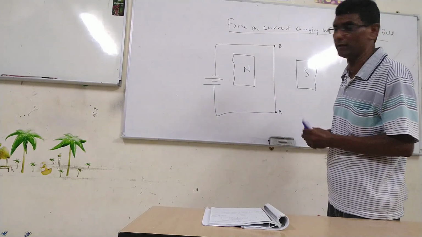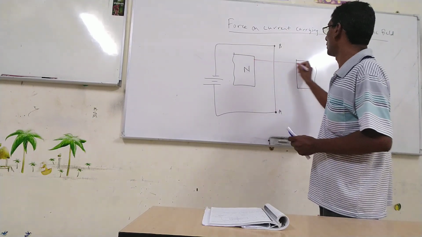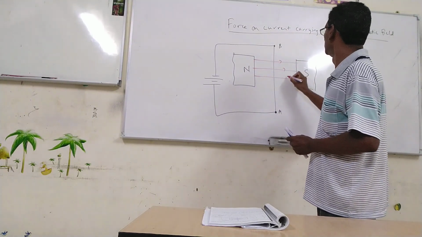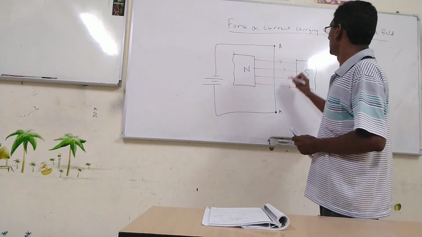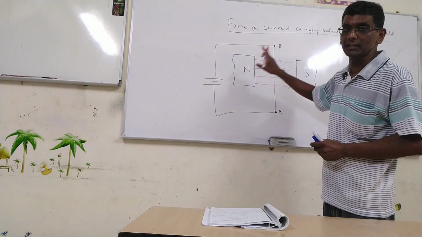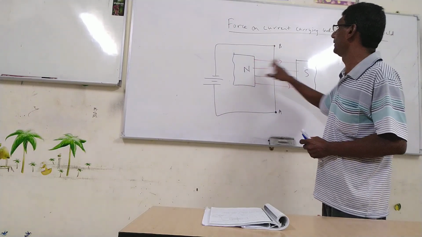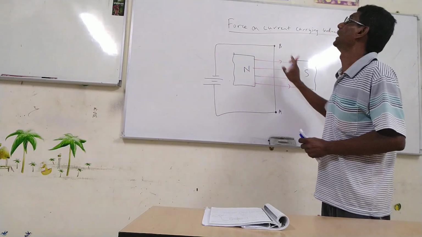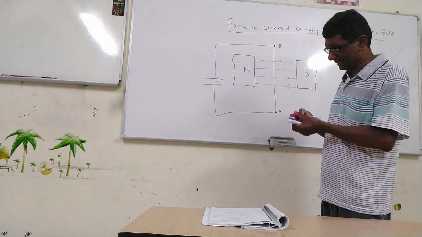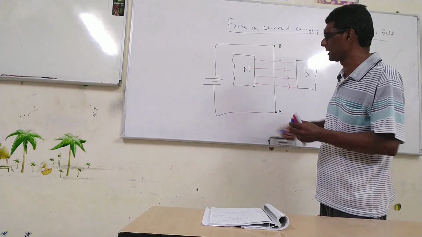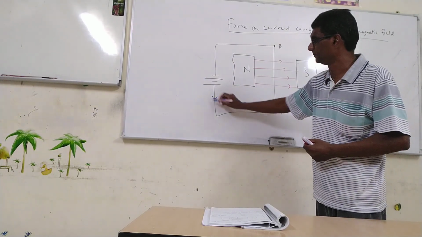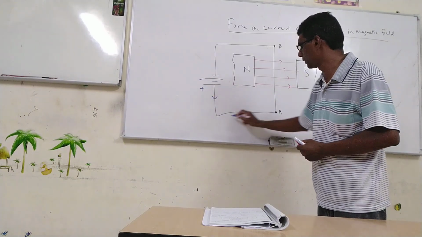There's a magnetic field between north and south. It is called a permanent magnetic field. And there's a current flowing in the conductor, from positive to negative.